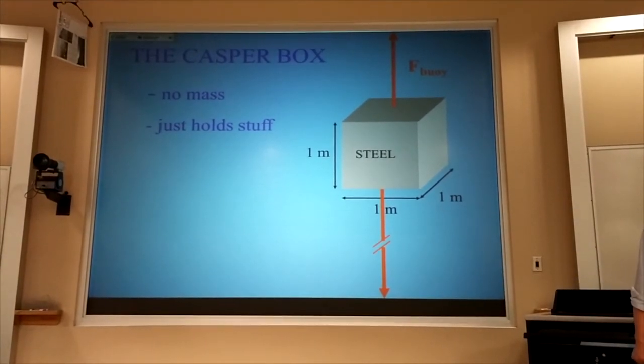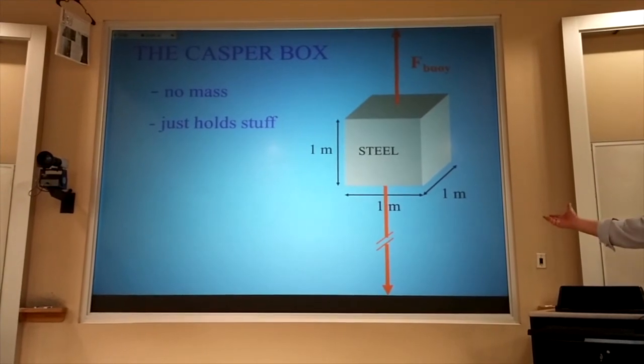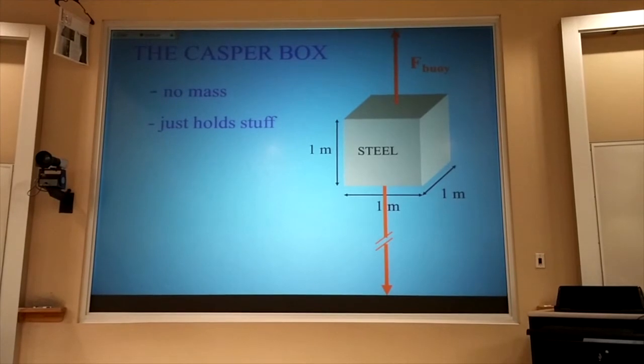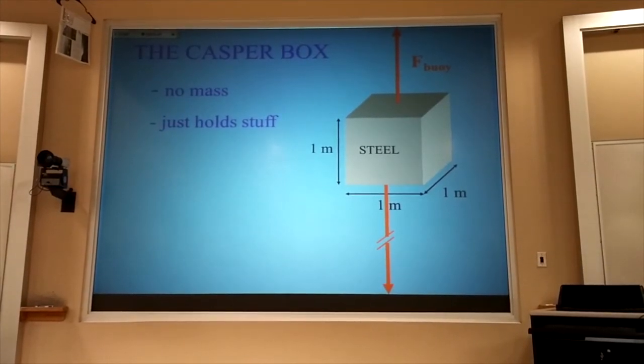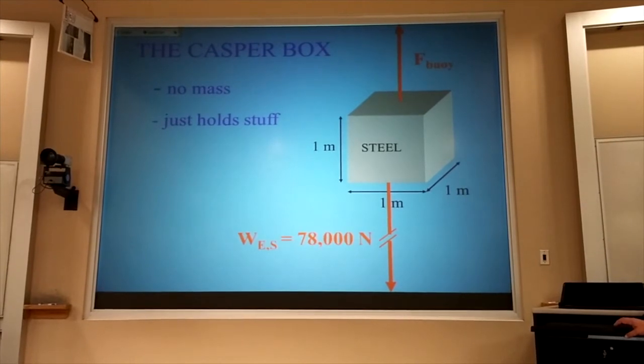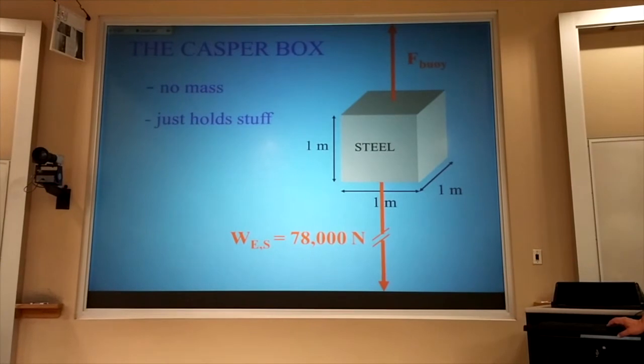I hope what you said to Nimrod was, steel's more dense than water. In fact, it's 7.8 times as dense as water. And so that means the weight of the steel in that box is going to be 7.8 times greater than that of water. It's going to be 78,000 newtons.